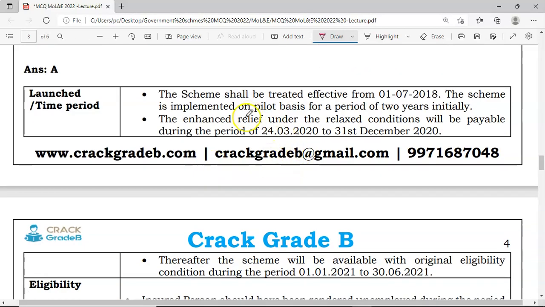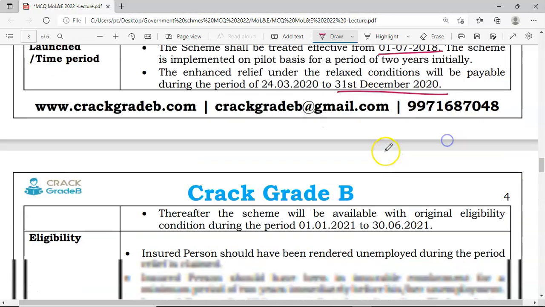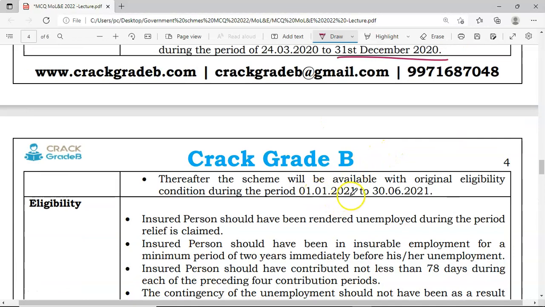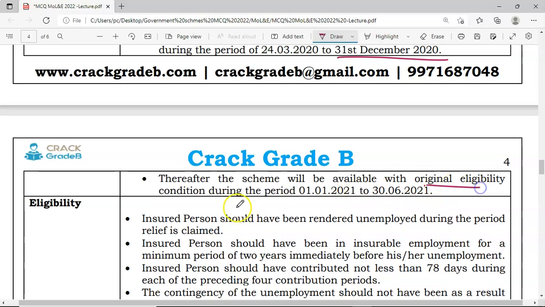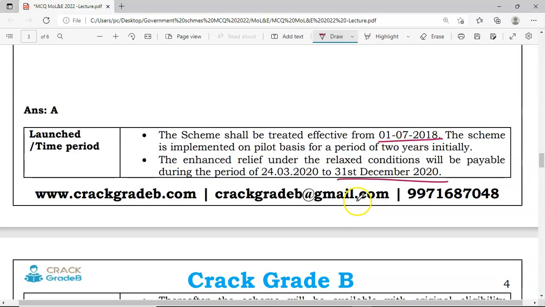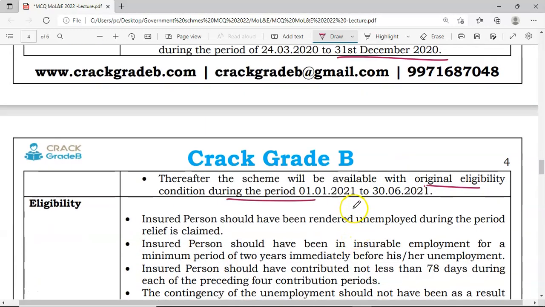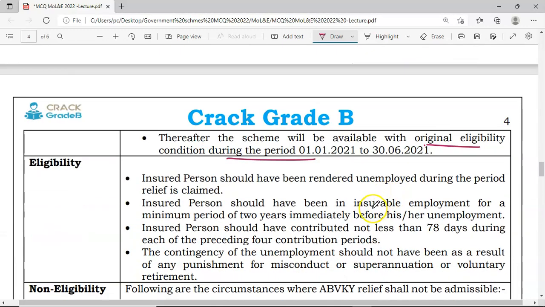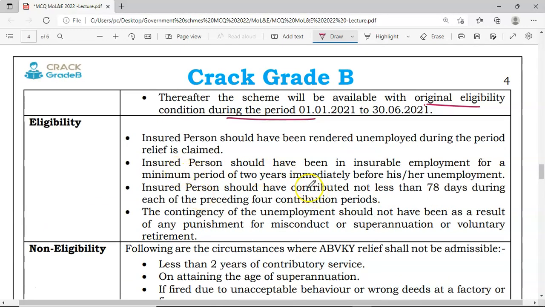Let's see. It was launched on 1st July 2018 and extended up to 31st December 2020. Thereafter, the scheme will be available with the original eligibility conditions during the period that is 1st of January to 30th of June. Now eligibility.